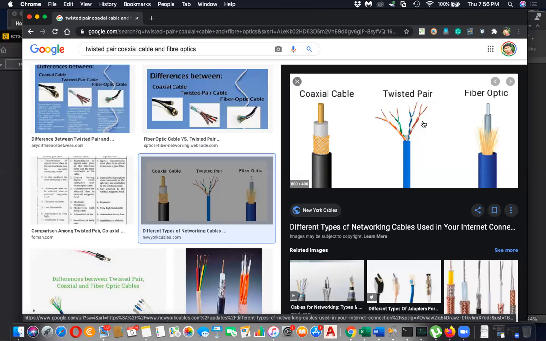If you have a magnet which has north and south and another magnet in the opposite direction, the magnetic field created by one magnet can be neutralized by the other magnet. Similarly, because of this twist, the opposite direction magnetic fields will be cut off. That's why, to stop the electromagnetic interference, you have twisted pairs.